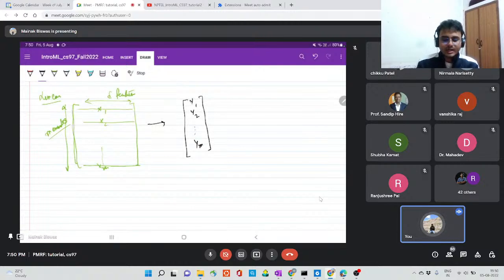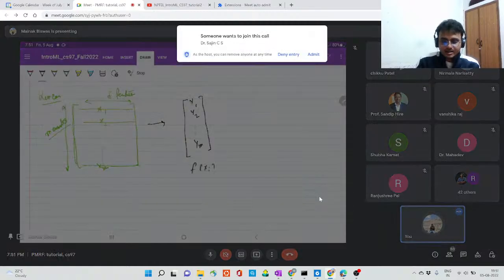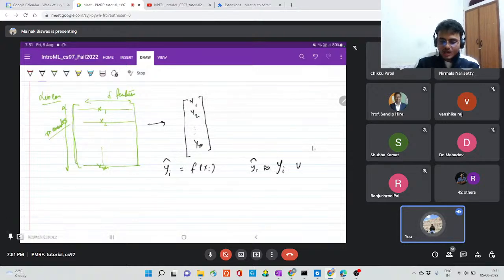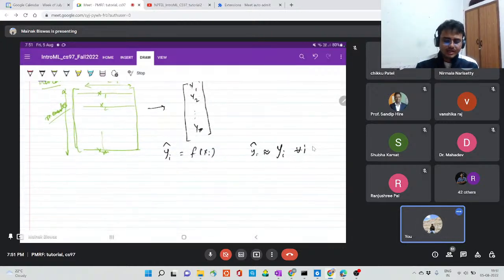And how do we want to do it? We want to do it in the form of a linear regression. So what is a linear regression? We want to learn a function f of xi such that it is equal to yi hat, so that yi hat is almost equal to yi for all i. What is this measure of almost equal to? Let me come to that.